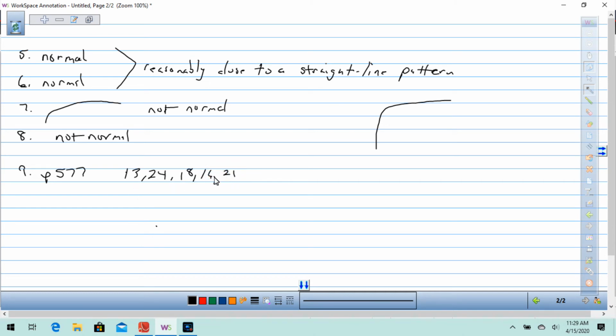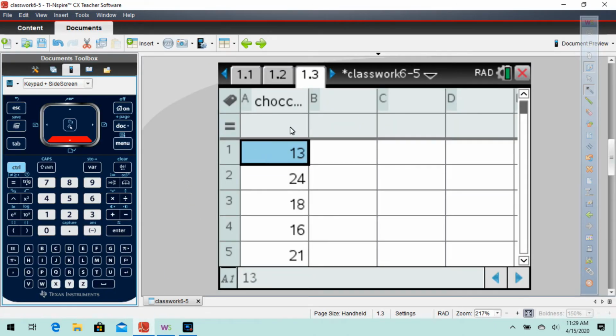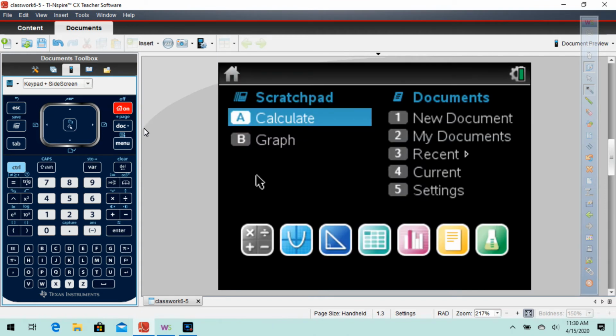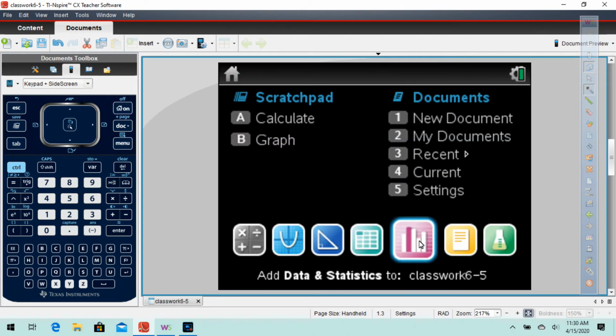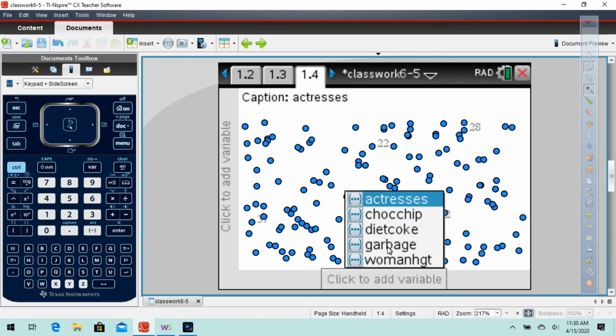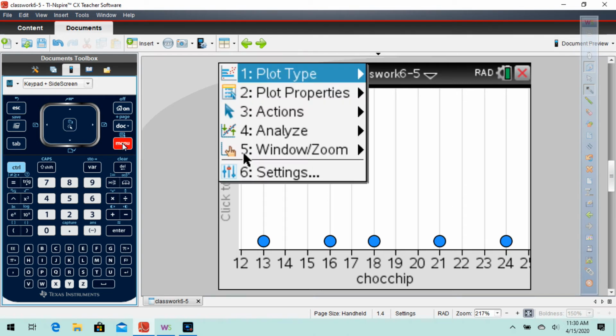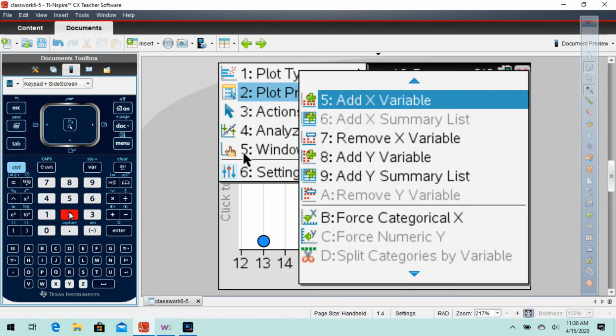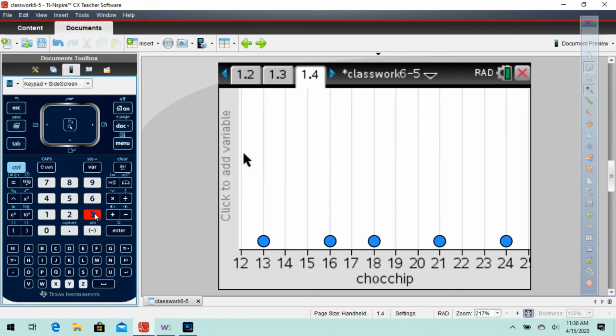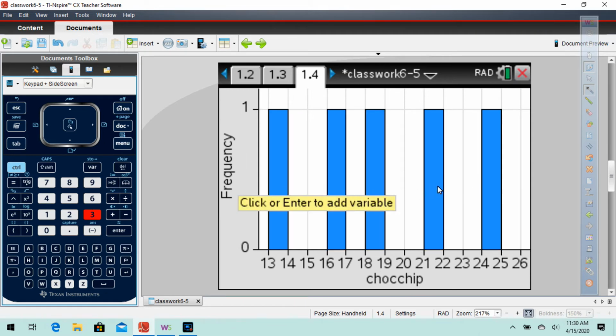Now, like I said, you got 5 numbers there. So to do a histogram, on graph, and then we want just chocolate chip. And then there you go. Menu, 2, 1, 1, 3, and it looks like that. It's really hard to tell because you only got 5 numbers, and that looks like fairly straight.